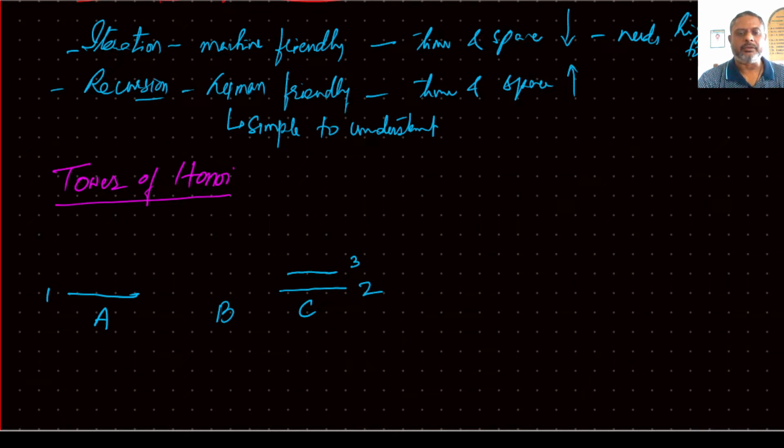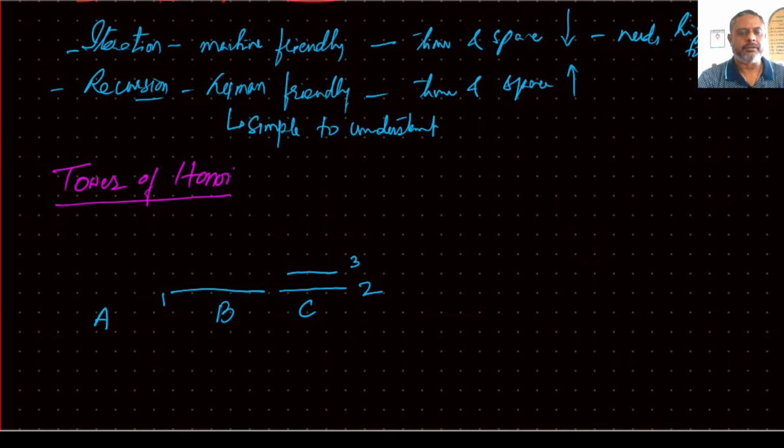Sure. So in C, there are 2 slabs now, 2 and 3. 2 is below, 3 is above, 2 is bigger, 3 is smaller. So the constraint is not disturbed, it is followed, so no issue. Then shift 1 to B. 1 comes to B. What next?